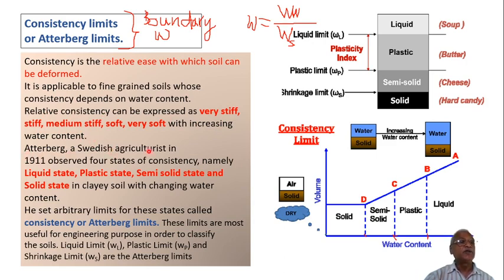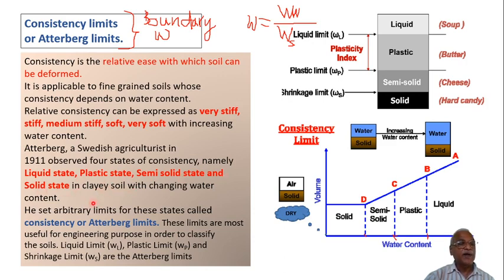Atterberg is the person who defined these limits. He recognized four states of consistency, namely liquid state, plastic state, semi-solid state, and solid state in clayey soils.